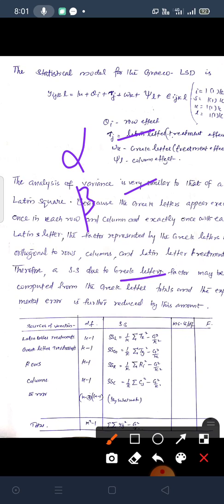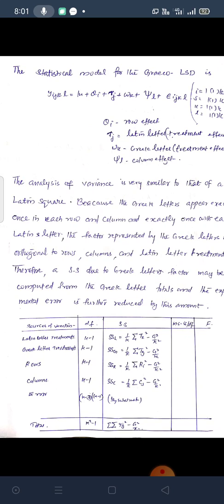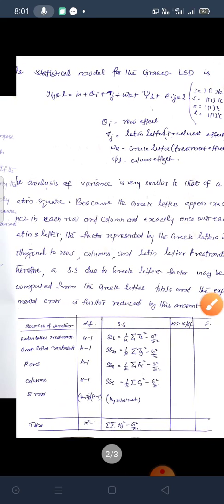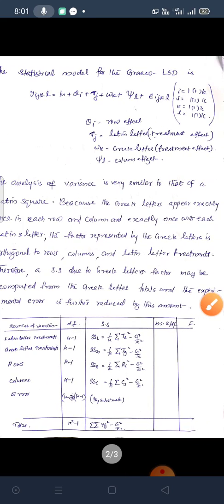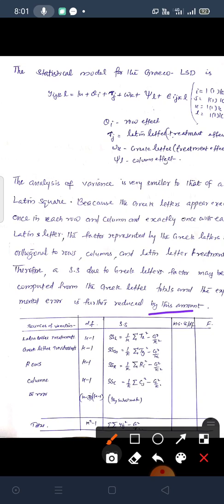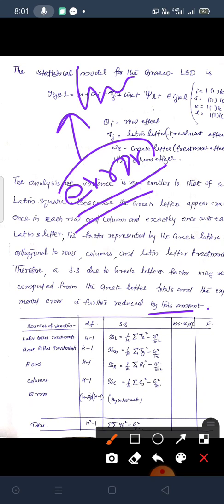This may be computed from the Greek letter totals, and the experimental error is further reduced by this amount. Some variation is explained by these Greek letters, so correspondingly the error amount is reduced.